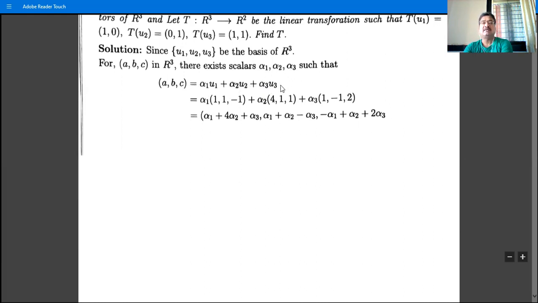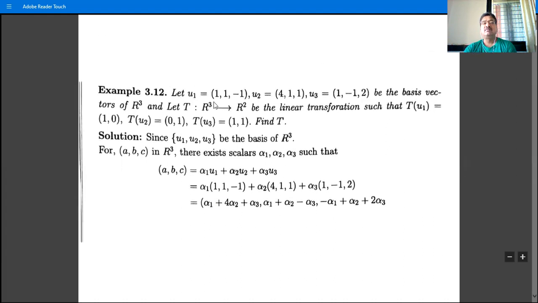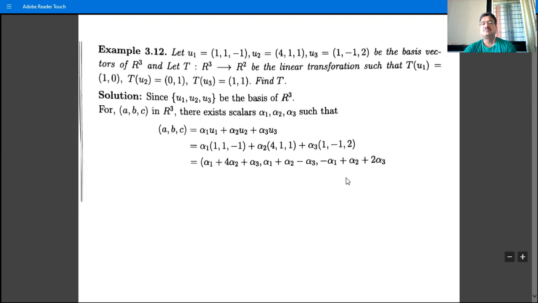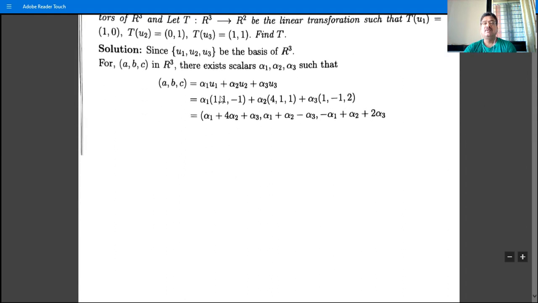Now substitute u1 as the vector (1, 1, -1), and then (4, 1, 1) and (1, -1, 2). And now apply the definition of scalar multiplication first, and then addition of two vectors in R3. So by using the definition of addition and scalar multiplication in R3, we have this.